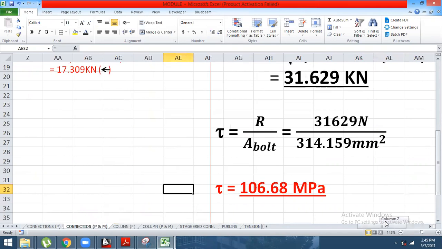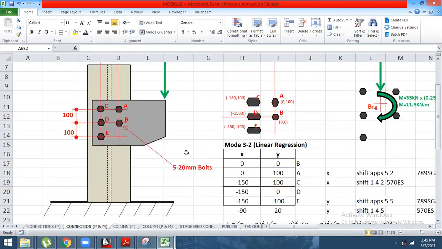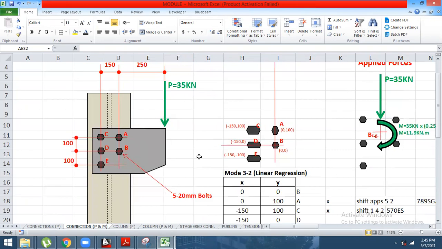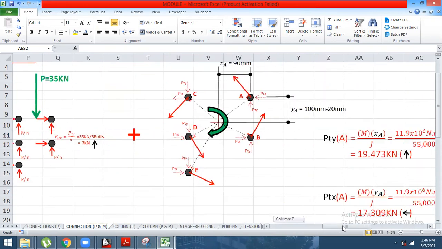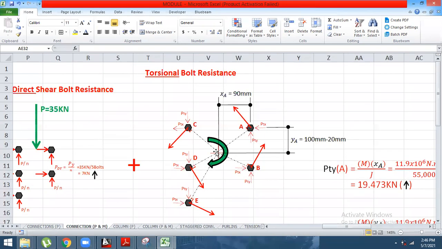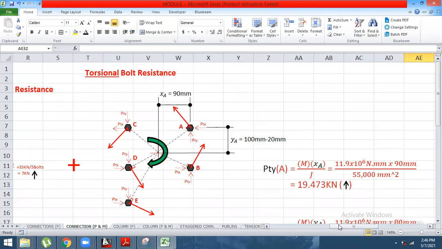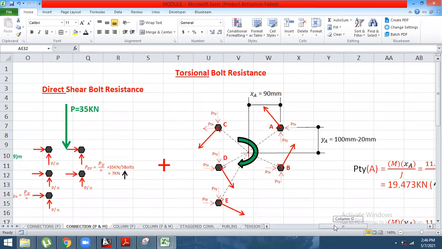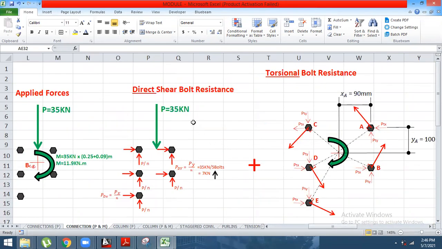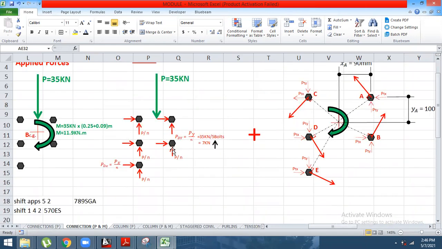So to know the most critical bolt, usually it is the one at the farthest distance from the center of gravity of the bolts, among A, B, C, D, E. But also it is the one with the largest resistance. Through direct shear, we could have vertical and horizontal resistance.